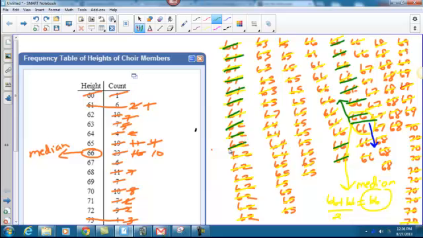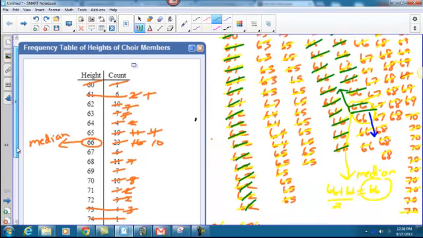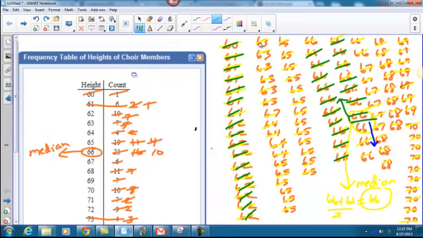That's why you want to make sure you have them in order. And so then I go to the top of this list.